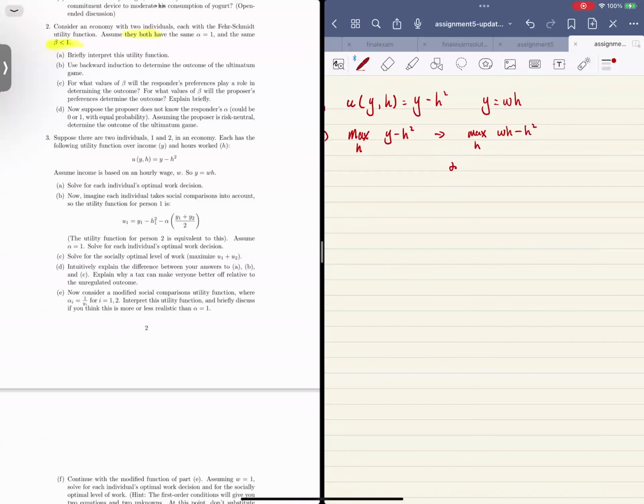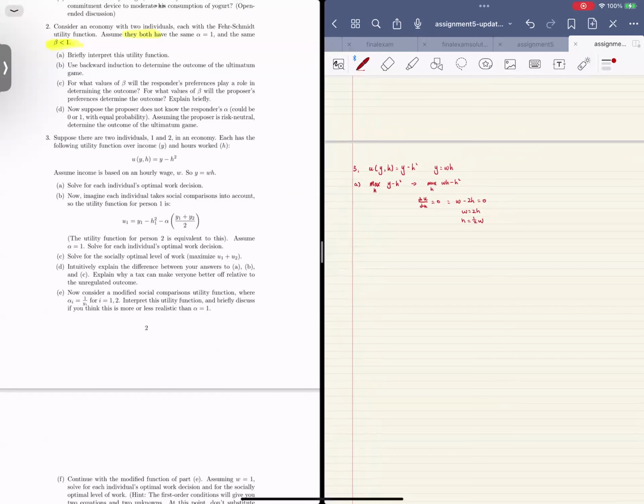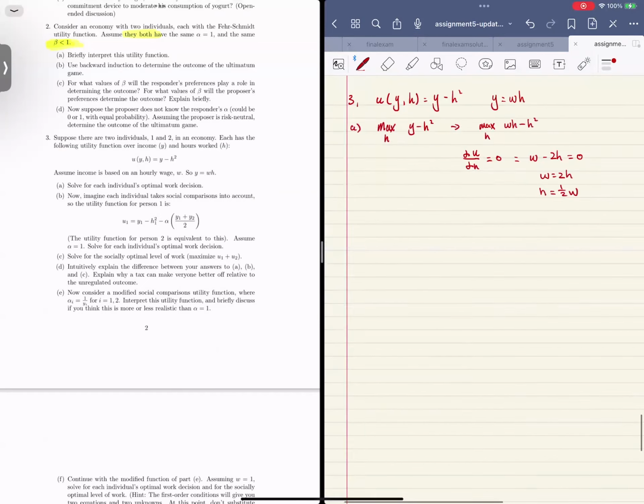So du/dh set equal to 0, which is w minus 2h equals 0. w equals 2h and h equals 1/2 w. So for A, the individual's optimum work decision would be 1/2 w. Okay, so that's just a regular optimization thing.